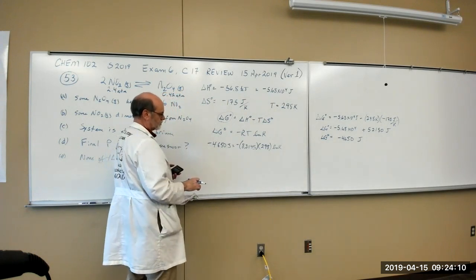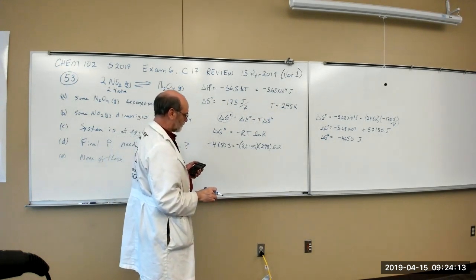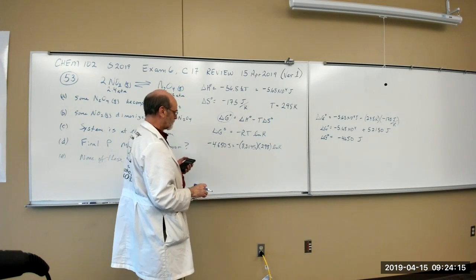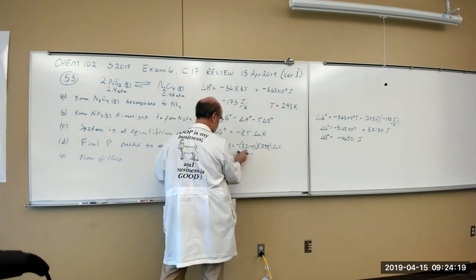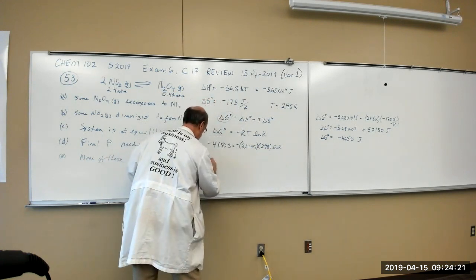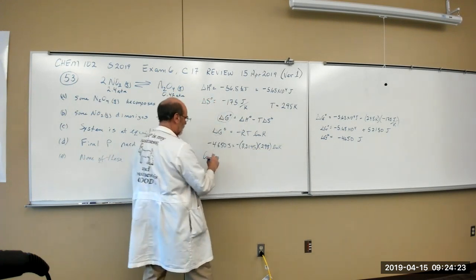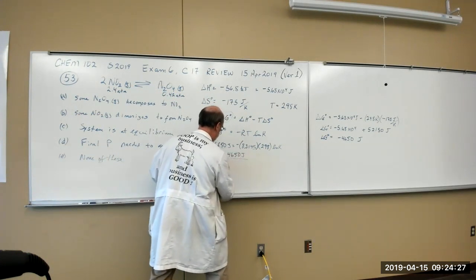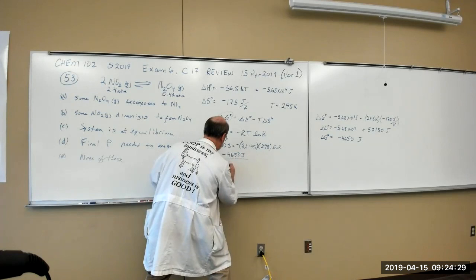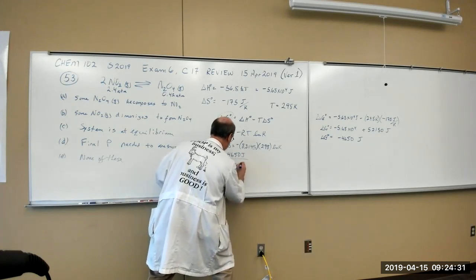Minus 4650. And then this one is going to be that one divided by this one. So I'll write it out like that first: minus 4650 divided by minus 8.3145.